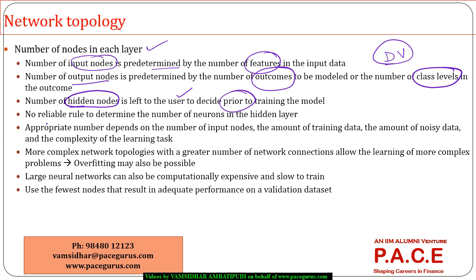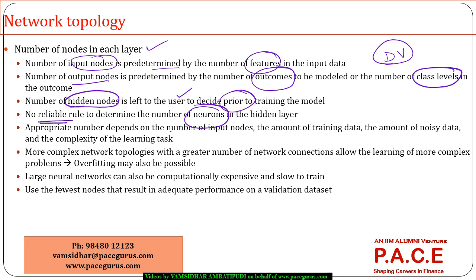Though there is no ballpark rule, no formula which says how many neurons or how many nodes should be there in the hidden layer. So you can do experimentation with different numbers of hidden layers and different numbers of nodes in each of the hidden layers, with the primary objective of what is the level of prediction accuracy that the model is able to generate.